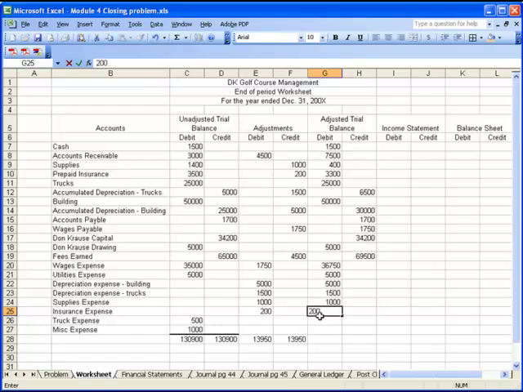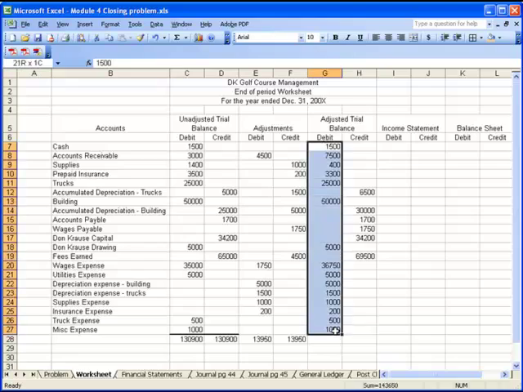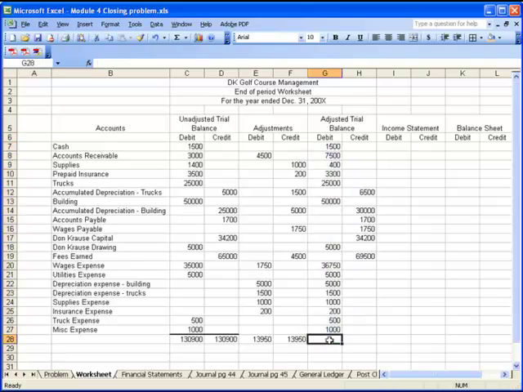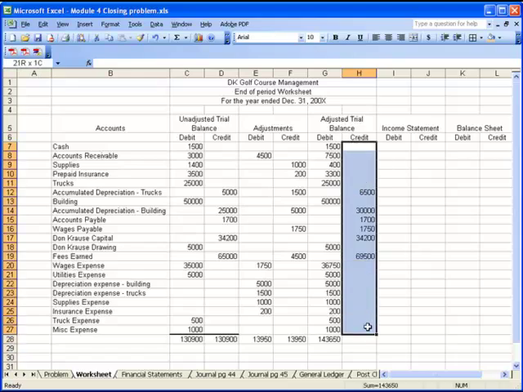And then finally, our truck expense, there was no adjusting entry. We had $500 and $1,000 in miscellaneous expenses. Next step is then, again, foot our columns. Our total of debits is $143,650. And our total credits, again, $143,650.